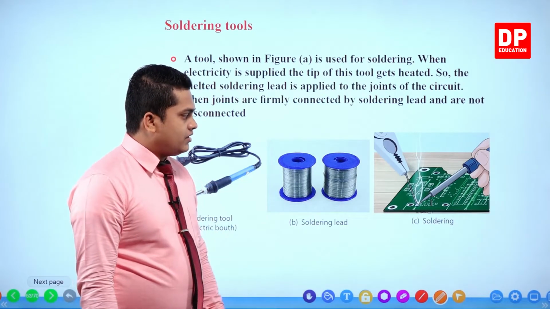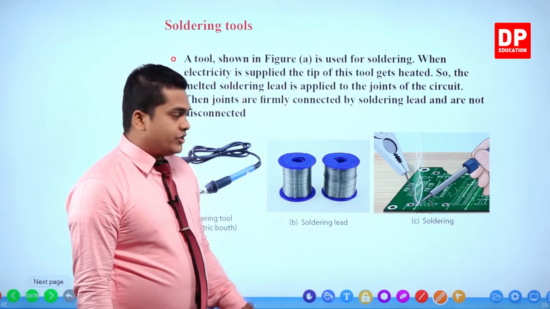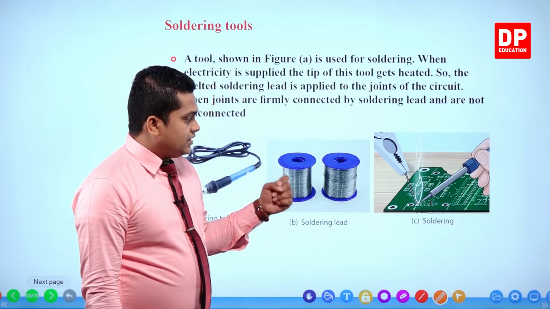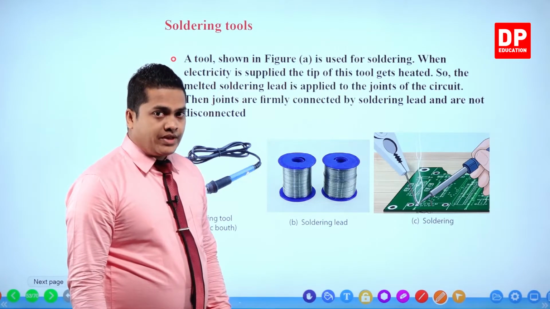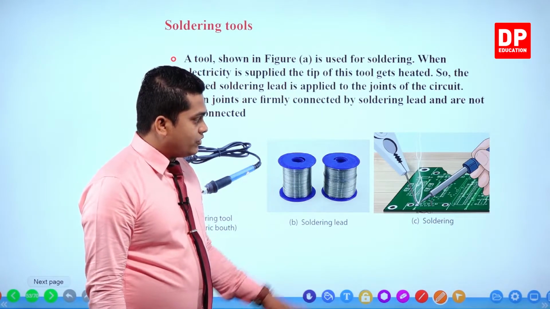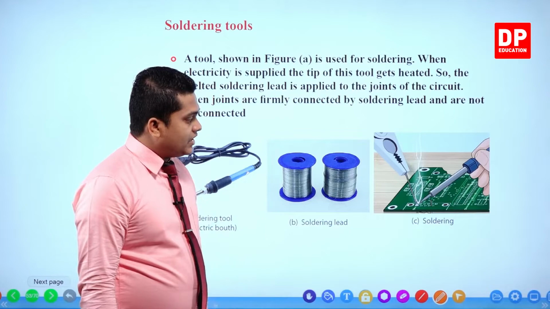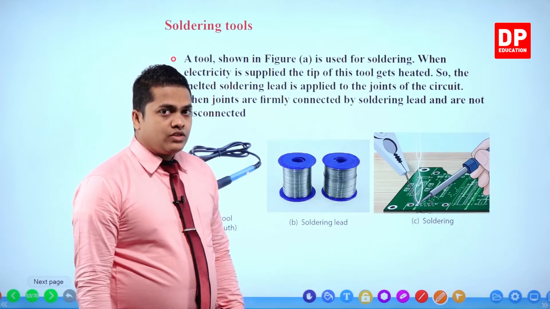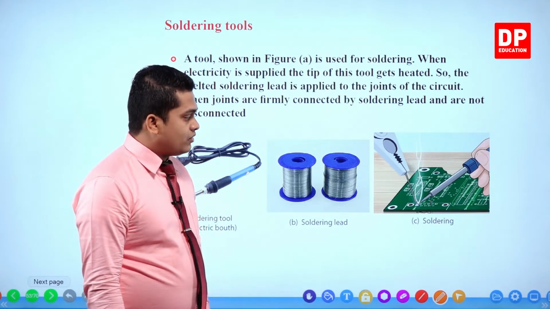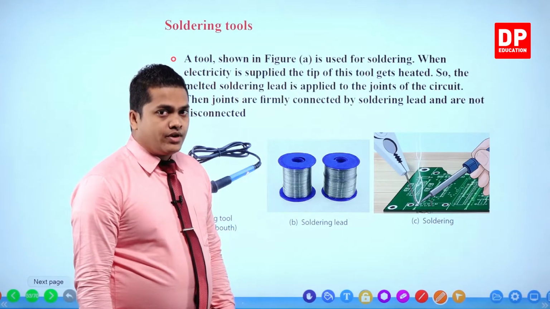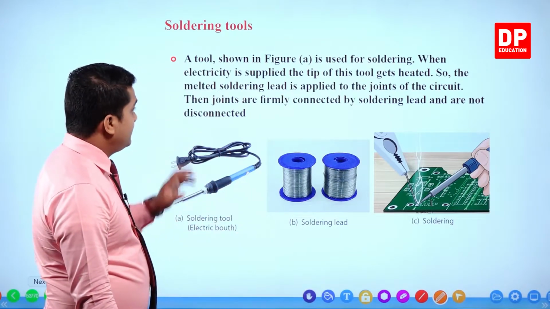Then for the soldering process, you need to place that lead string on the PCB or circuit board. After that you place the bulb near it, melt it down and paste it on the component. So you are given it here.